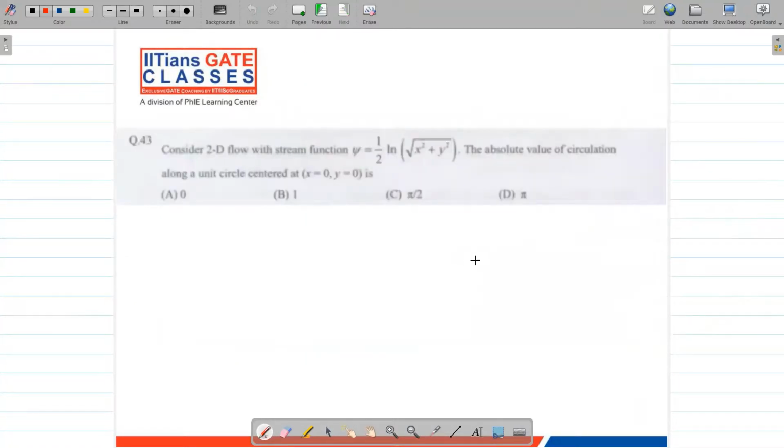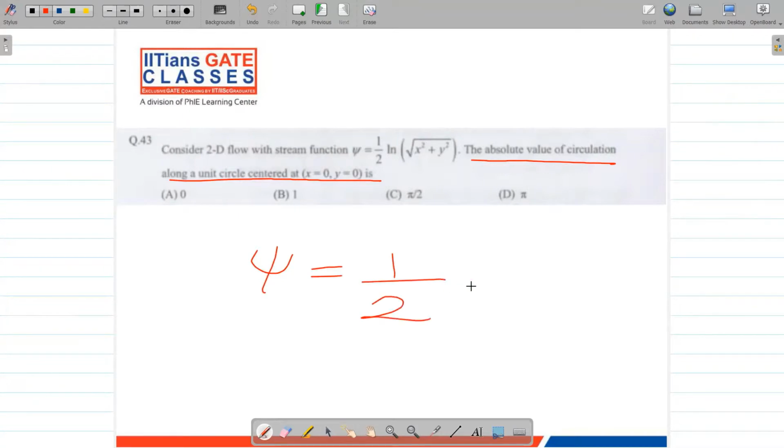So here in this question, let's see what they're asking us. Consider a 2D flow with stream function half ln of x square plus y square. The absolute value of circulation around a unit circle centered at x0, y0. So you have a flow field which is given by psi is equal to half ln of root x square plus y square.